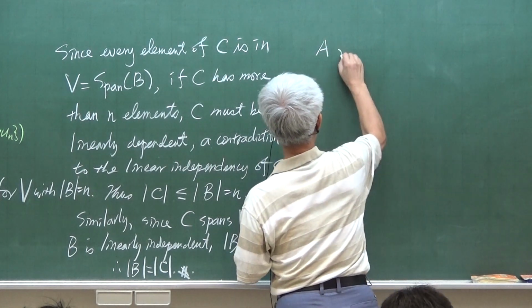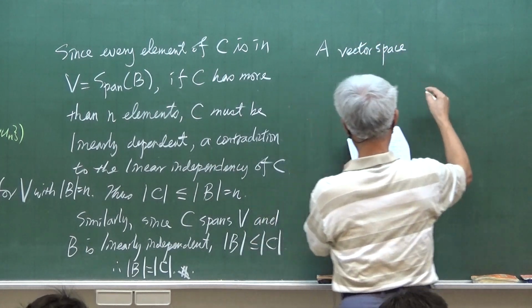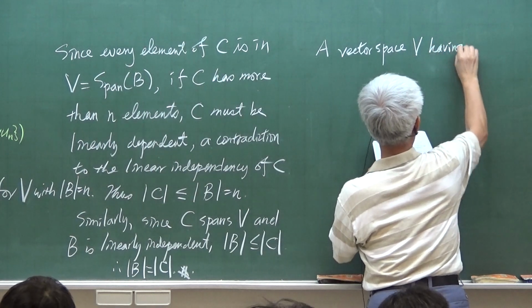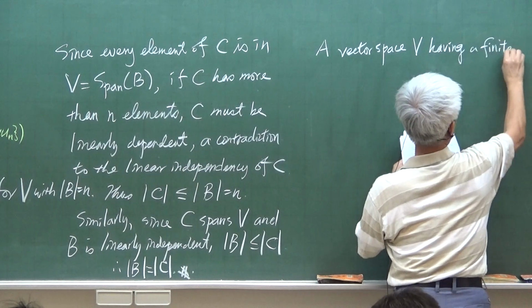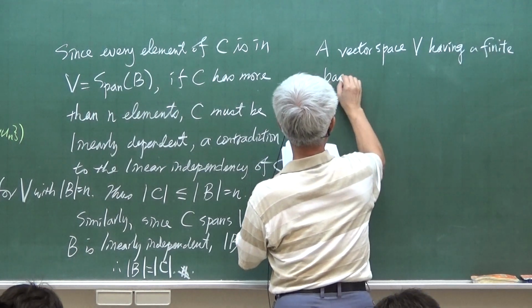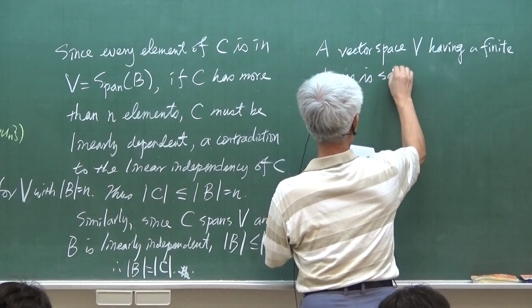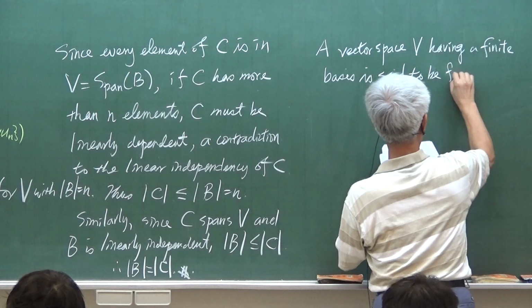Okay, so a vector space having a finite basis is said to be finite dimensional.